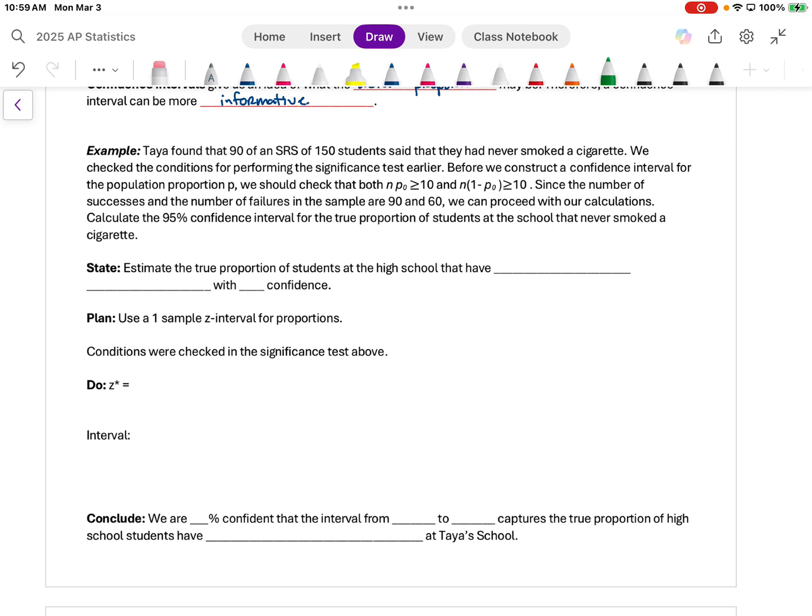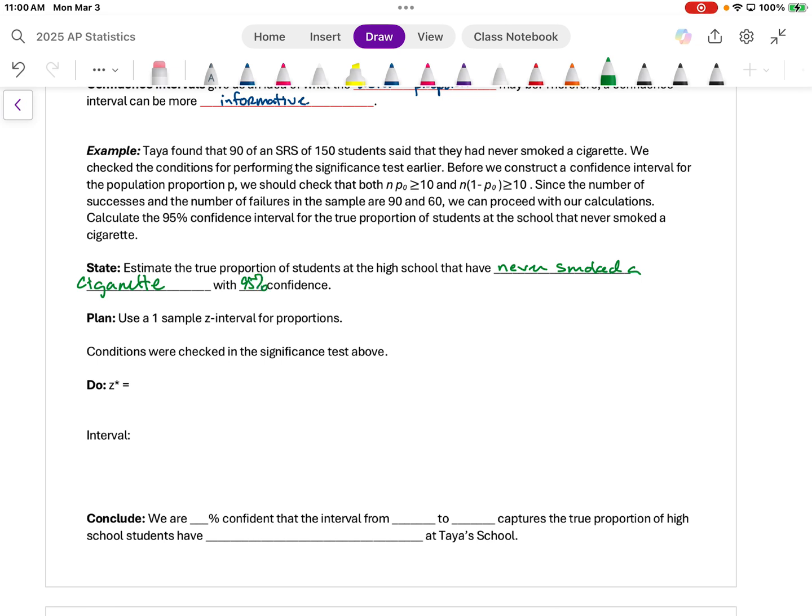And then they asked us to calculate a 95% confidence interval for the true proportion of students at the school that have never smoked a cigarette. So in our statement phase, we estimate the true proportion of students at the high school that have never smoked a cigarette with 95% confidence.